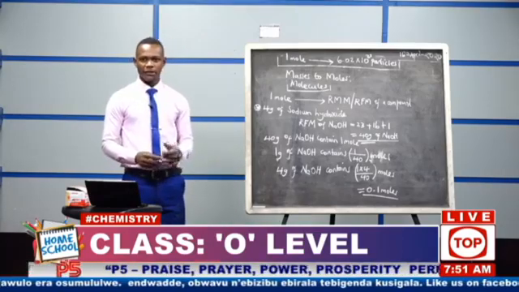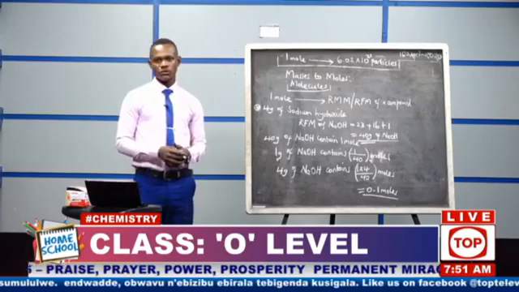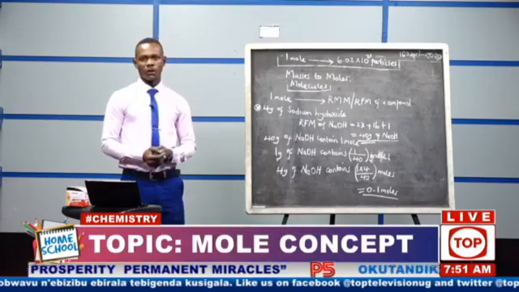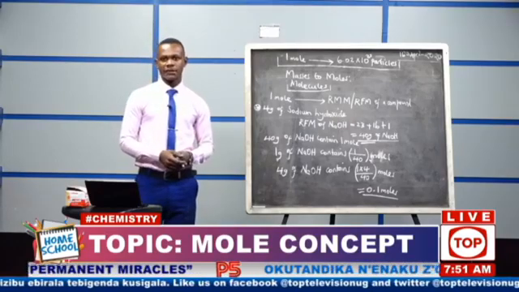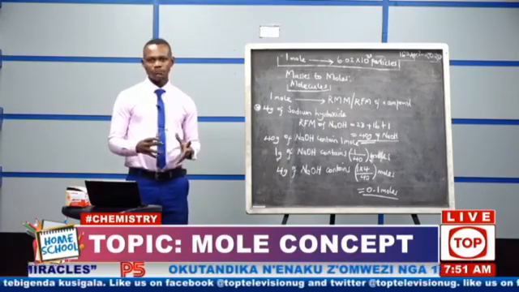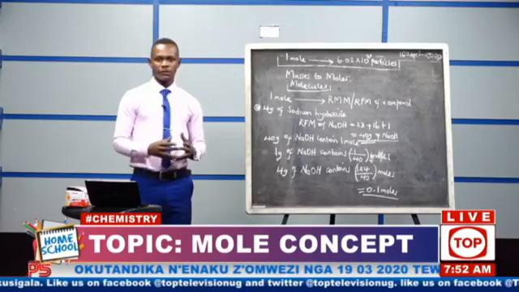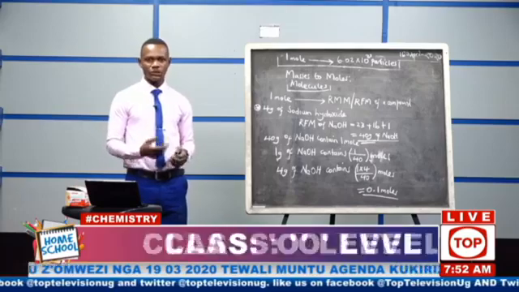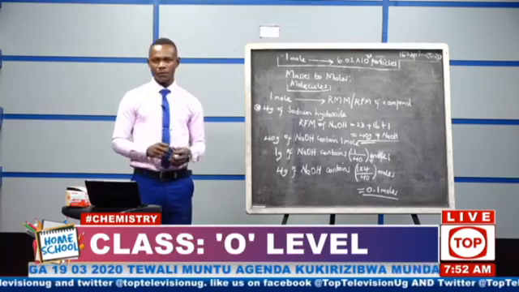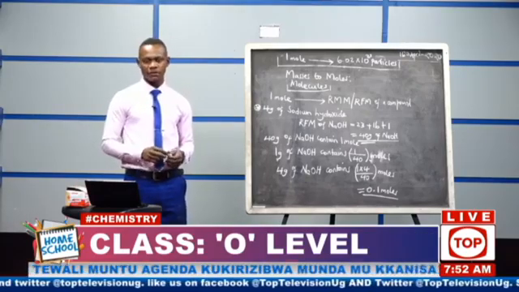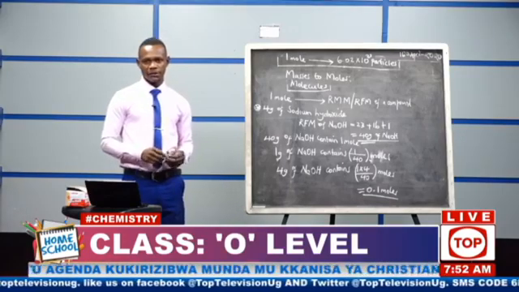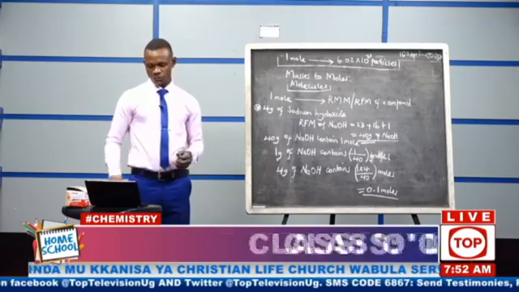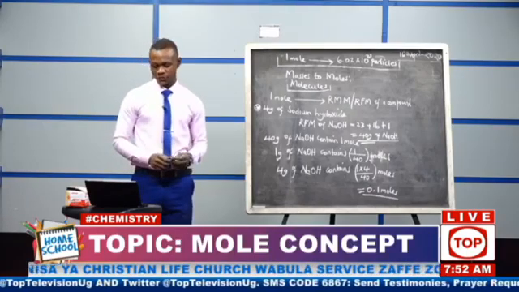For those who can access us, you make sure you talk to us either on our website, or you can send a comment on the Top TV, television, Facebook page. Drop your comment, because all these videos are there. Please, I'm requesting for the exercise. Let it be displayed on slide 22. Put the exercise on slide 22.